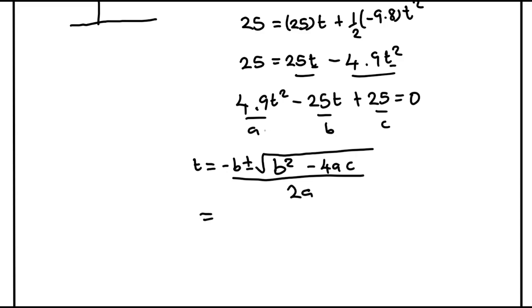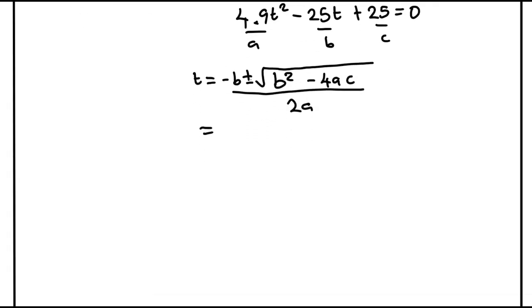Now, we've gone straight ahead to the quadratic formula because when you look at the first number, 4.9, it's not a whole number, so we know it doesn't have any factors. So negative b.